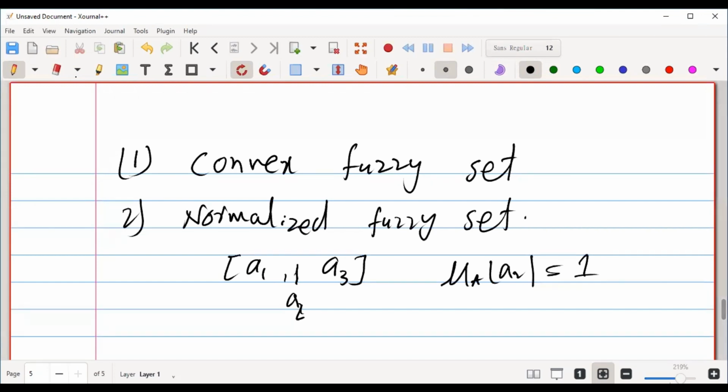The membership function of the peak point must be 1. If it is 1, we say that this is a normalized fuzzy set. Otherwise, it is not a normalized fuzzy set.